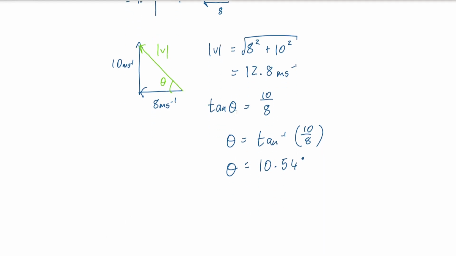And so the velocity of the car relative to you would be 12.8, or to one significant figure, because the other velocities are given to one significant figure, would be 10 meters per second.